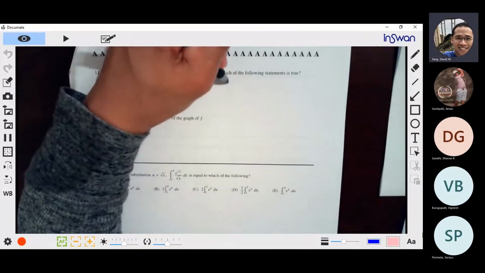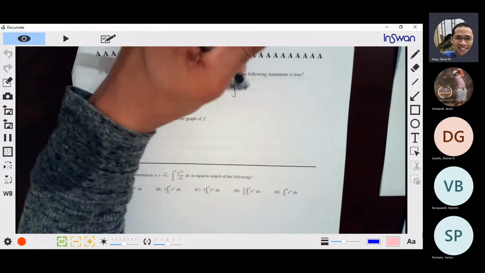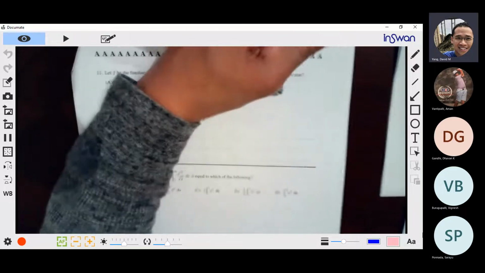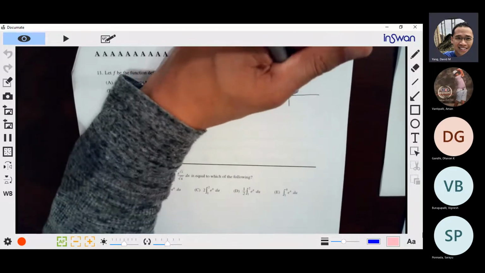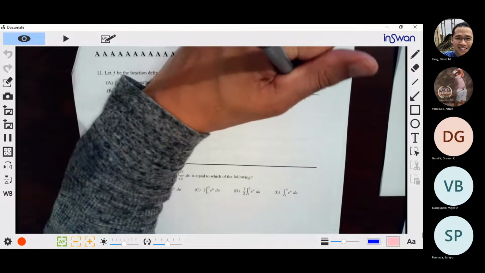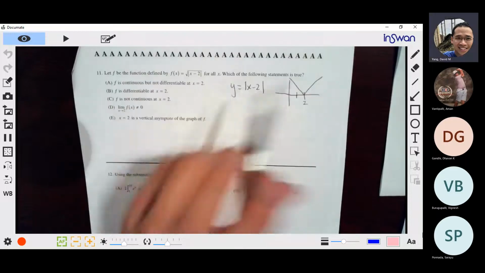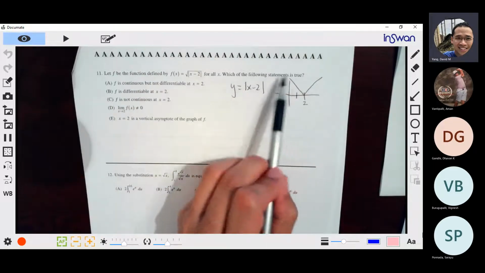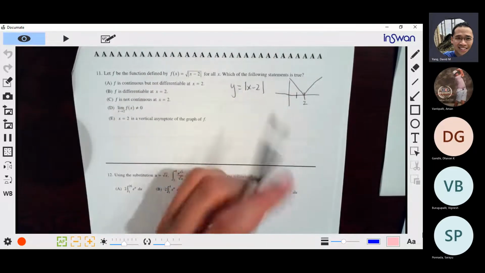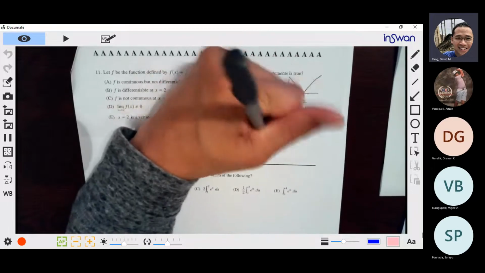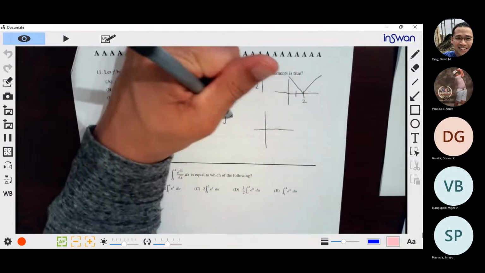So what's going to happen is we know what y equals absolute value of x minus 2 is. It's going to look something like this. Now, what the square root is going to do is make it a little bit curved and a little bit pushed down. So now the graph will look something like this.